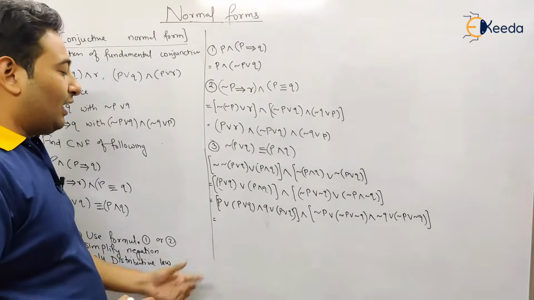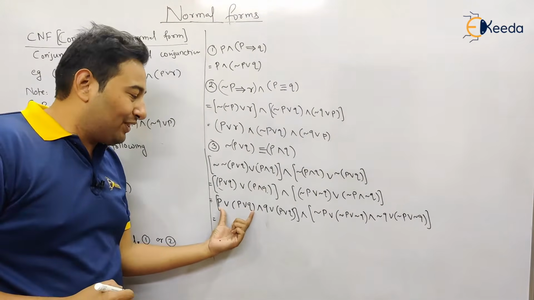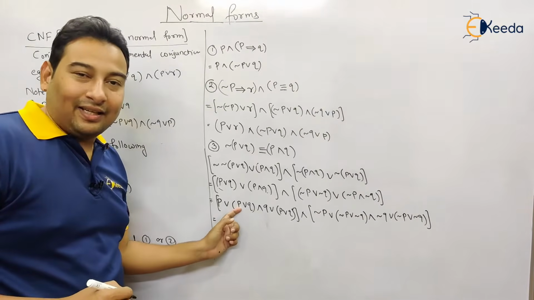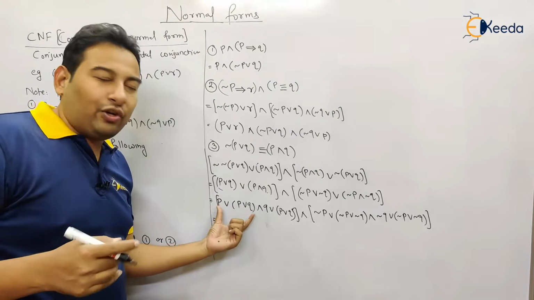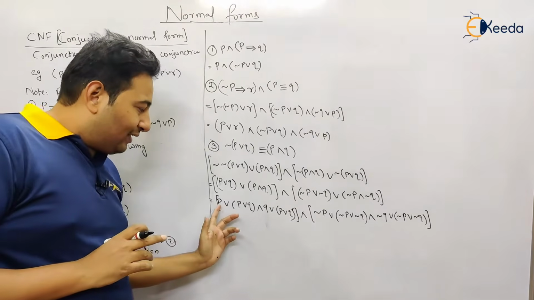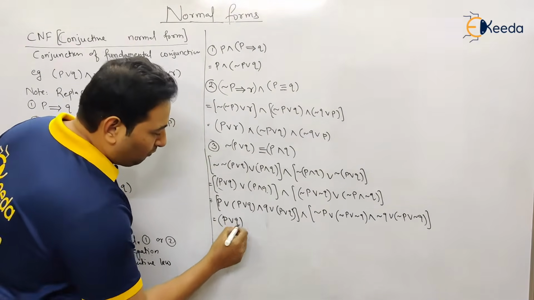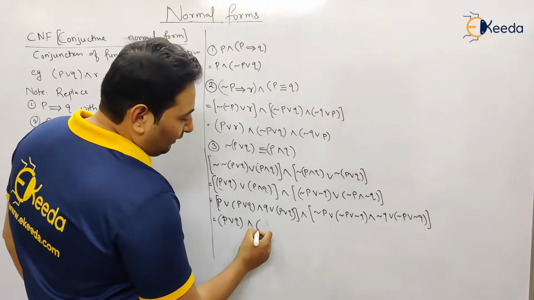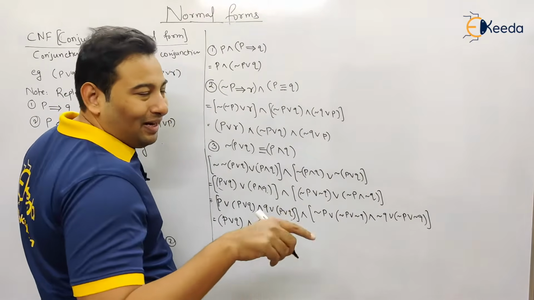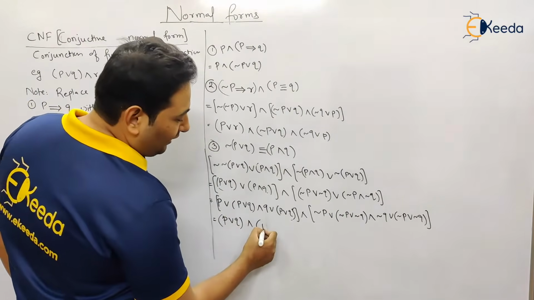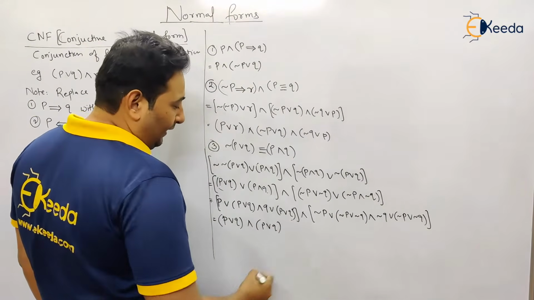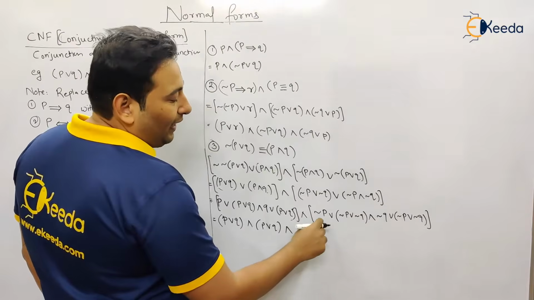Let us simplify. Now we can apply the associative law between these terms. In associative law we can combine any two terms. So let's take these two terms. P or P is what? P only. So this is P or Q, and again this Q and Q will be combined and we're going to write it as one Q. So basically this is P or Q. Again in between we have and.